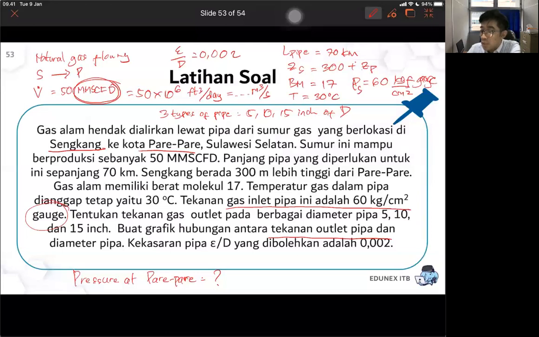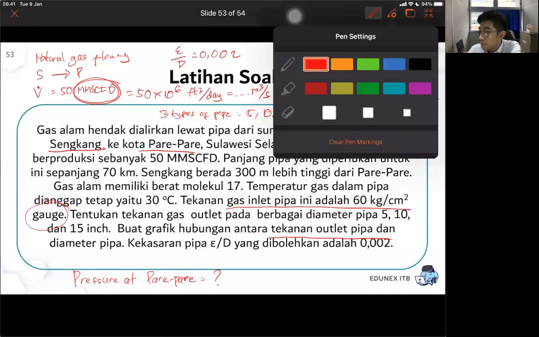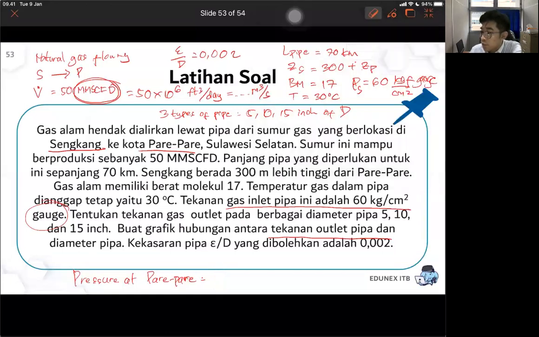But you need to understand that standard means the flow rate is calculated at certain pressure and temperature. Okay, can you check now? mmSCFD is calculated at which pressure and at which temperature? Can you check up online for me?